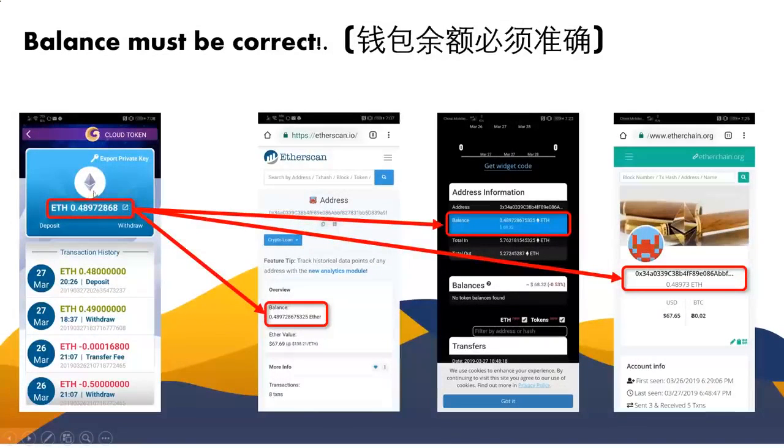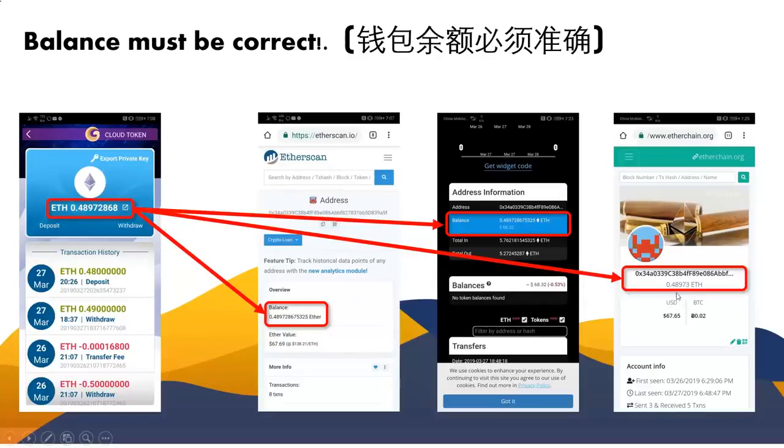Now we have a CloudToken wallet here. It shows the balance, and you check with Etherscan. It's supposed to be the same. And you look at ETH Explorer and Etherchain. They all show you the same number here, except for Etherchain, which rounded it up.